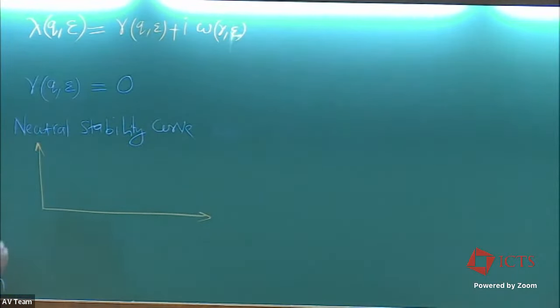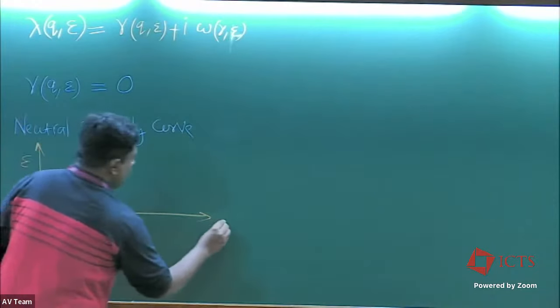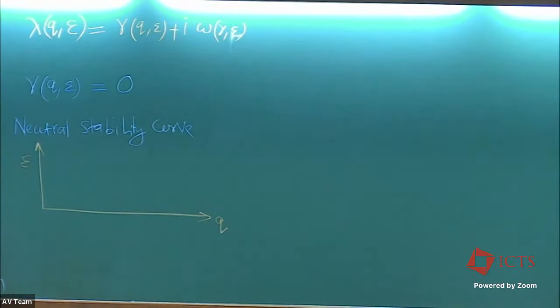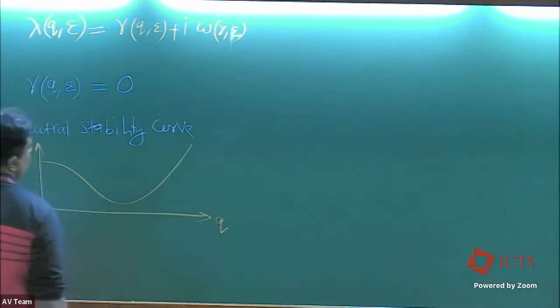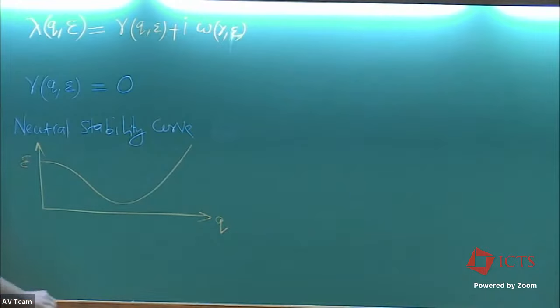You'll be plotting the control parameter and the wave number, and it'll show some non-monotonic dependence, something like that. If you remember, the growth curve for Landau-Ginzburg looked something like this, where the peak was really at 0. So in some sense, you can think of it like the inverse of that. It's just a qualitative picture. So the defining condition is really the contour where the real part of the growth rate vanishes in the wave number and control parameters.